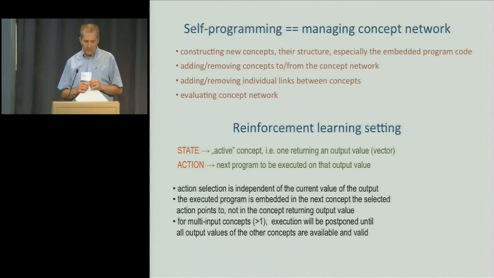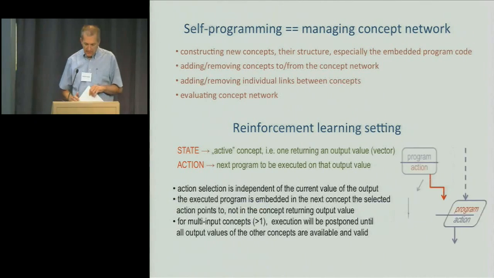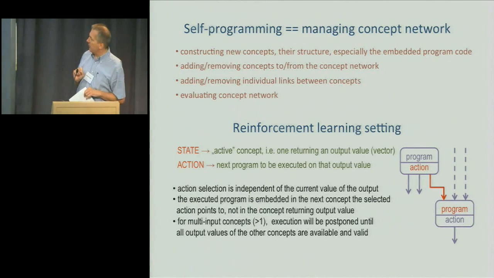So action is selected independently of the current state or this output value. So the statistic, the probability distribution of selection, is independent, and the executed program is embedded in the next concept the link points to. So when an action is selected, then this next program is in the next concept. So should, for instance, any other concept link to the same concept, the program executed would be the same.